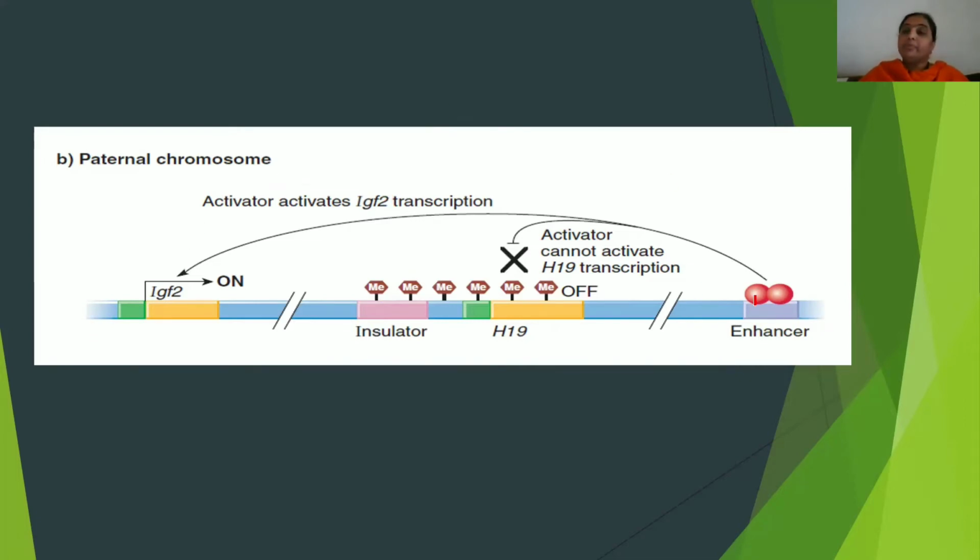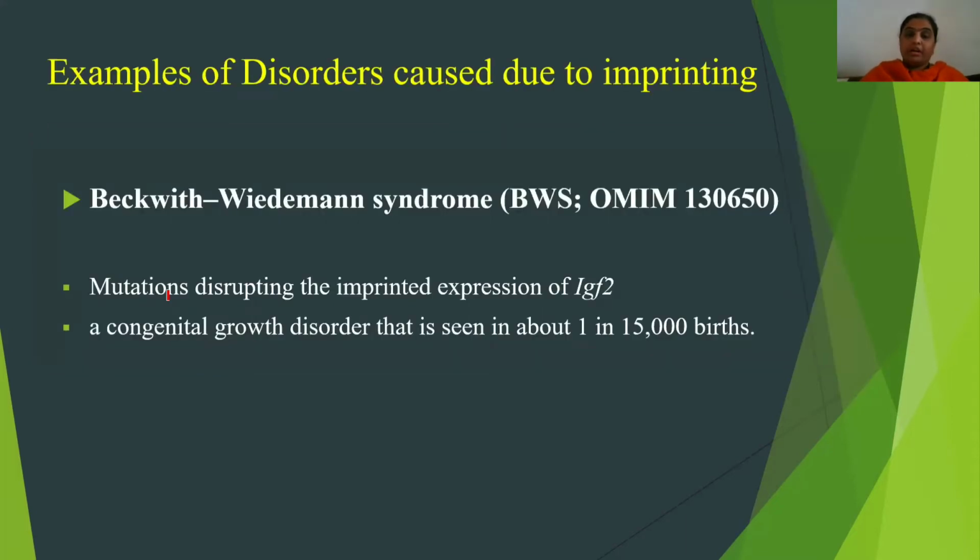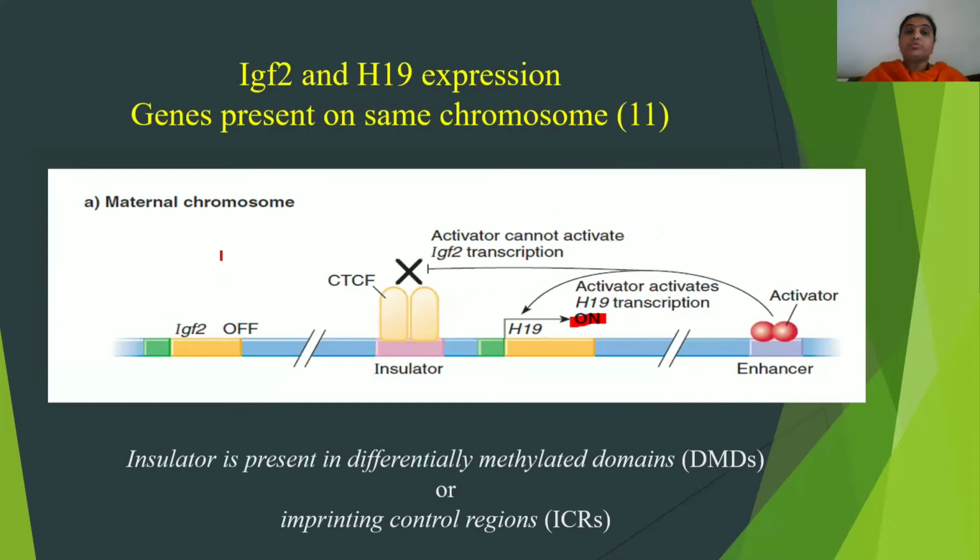The enhancer allows the binding of the activator, and that activator is going to allow the expression of IGF2. So from the paternal side of the chromosome IGF2 is expressed, and from the maternal side H19 is expressed.